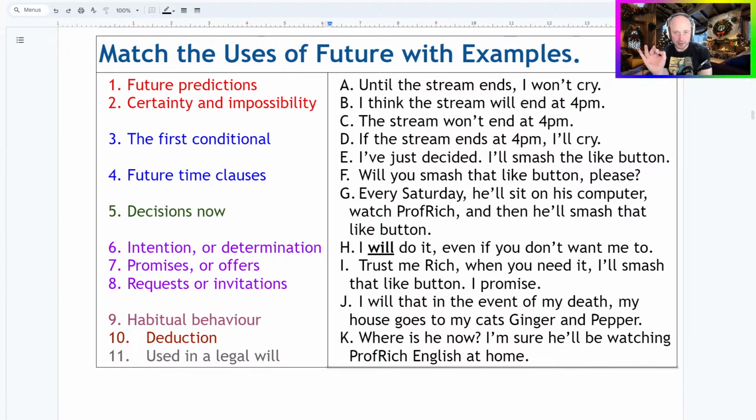I'll talk grammar with you. Oh yes, I will talk grammar with you. I know a lot about grammar. I love looking at grammar. I love talking about grammar. I just don't necessarily think it's the best way to learn English, but I like it. So if you want grammar, bring it on.